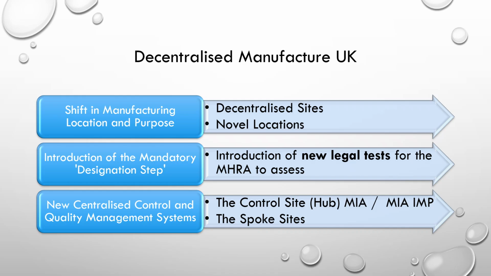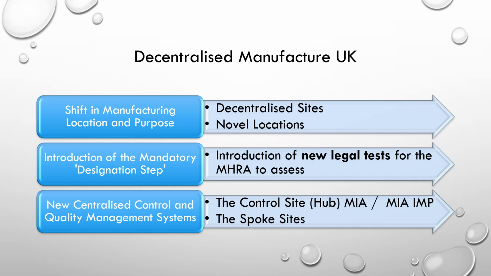You have this centralized control site which is mentioned on your manufacturing authorization, your MIA, or your MIA IMP for your investigational medicinal products. And then you have the spoke sites, where the decentralized manufacturing occurs. These spoke sites are under the control of the holder of the MIA. This approach is applicable to clinical trials and marketing authorization in the UK.